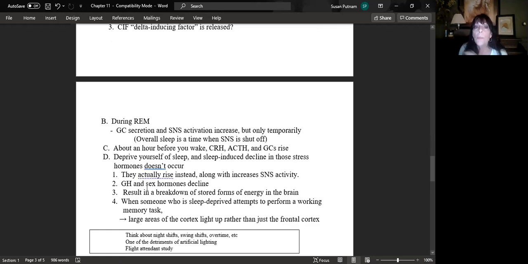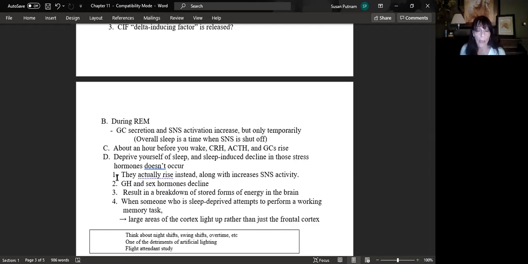So if you deprive yourself of sleep, and I'm not saying you're doing this on purpose, because there are lots of reasons that many of us don't get as much sleep as we probably should, the sleep-induced decline in those stress hormones that I talked about doesn't actually occur. So what does that mean?